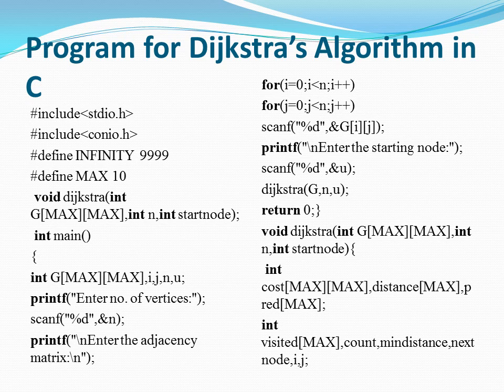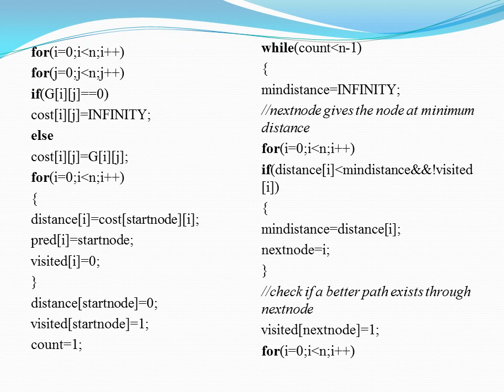In the Dijkstra's function, here we are declaring the variables. After that, using a for loop, we are setting the graph: if graph of i j equal to 0, then cost is infinite, meaning there is no path. Otherwise, we are setting the cost value in that cost array.